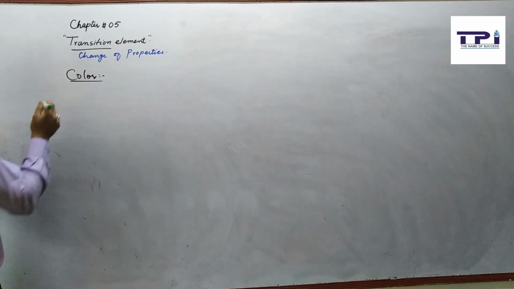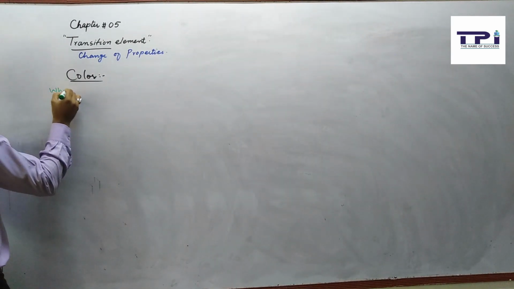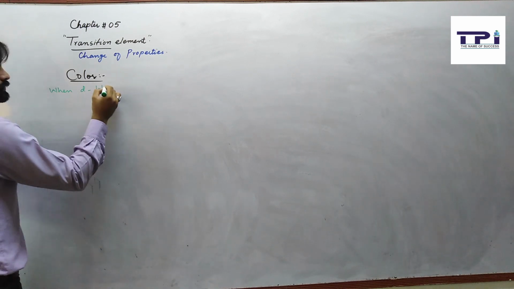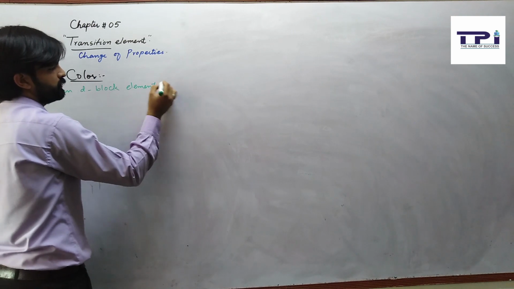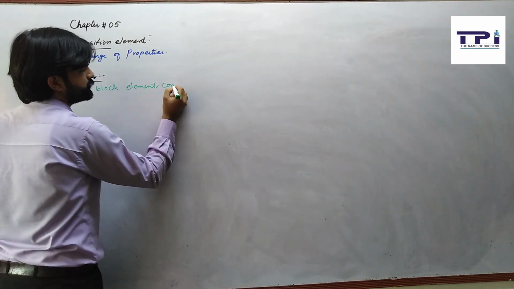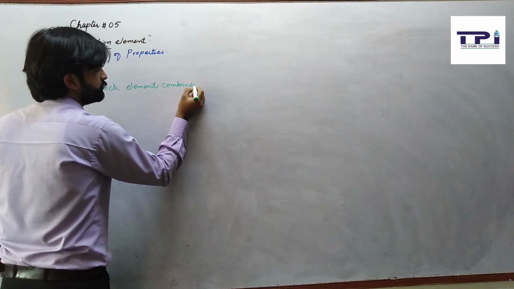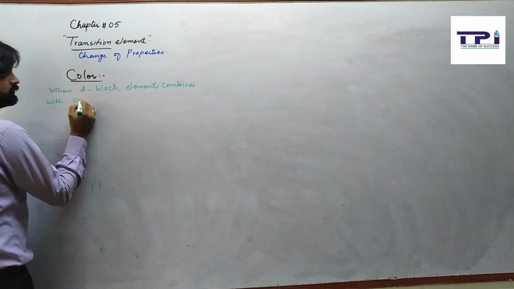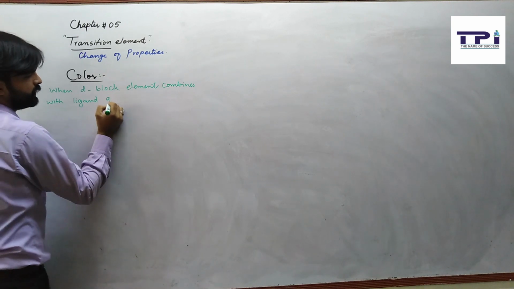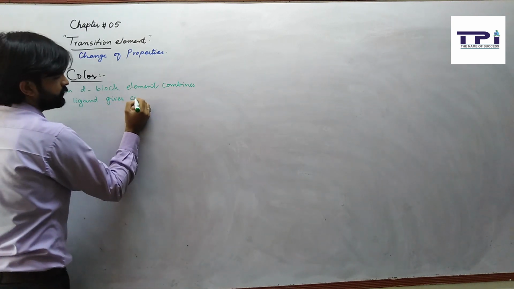When a D block element combines with a ligand, it gives a colored compound.